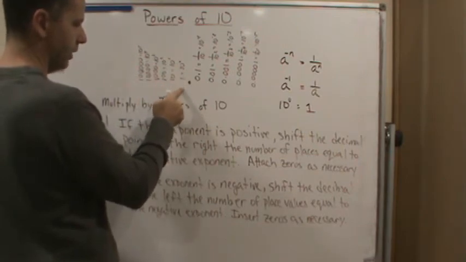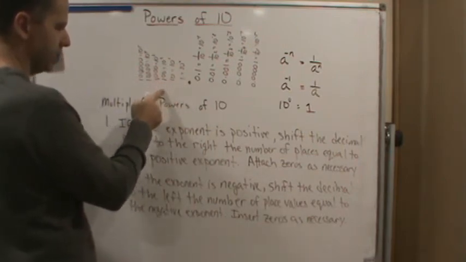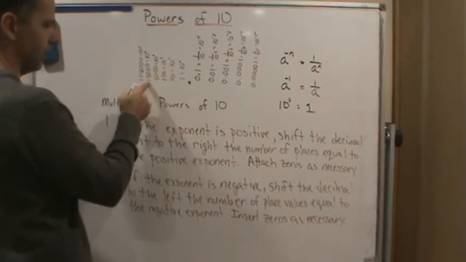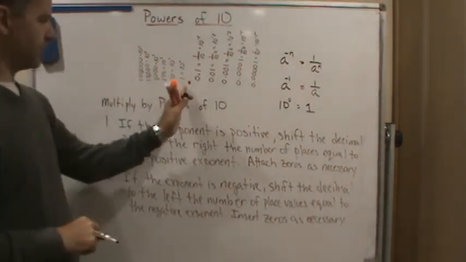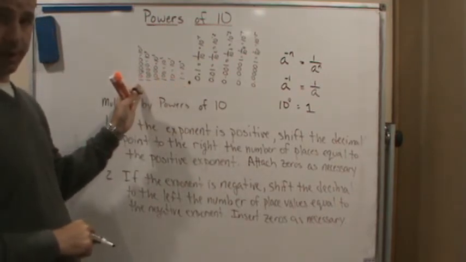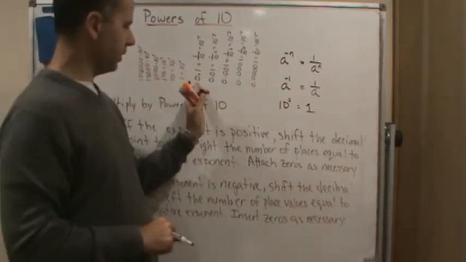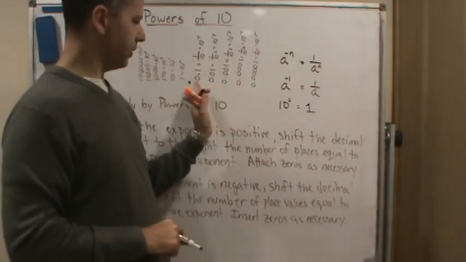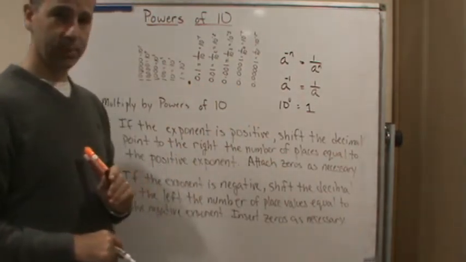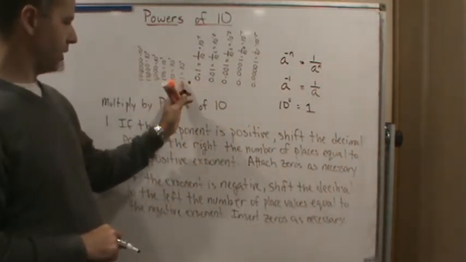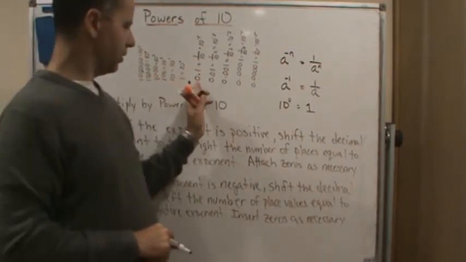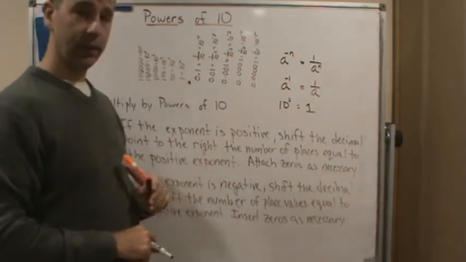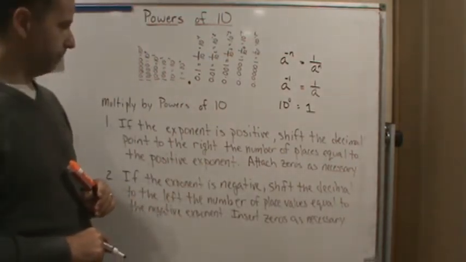We get the ones, tens, hundreds, thousands, ten thousands, and so on. So to the left of the decimal point represents positive powers of 10, and to the right of the decimal point represents negative powers of 10.